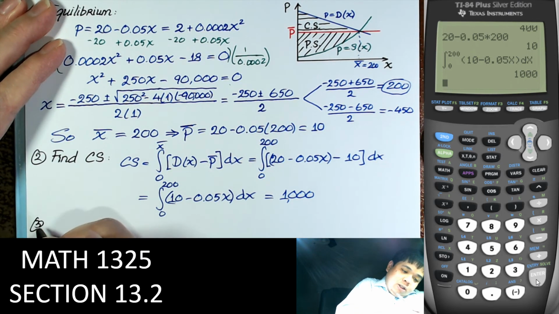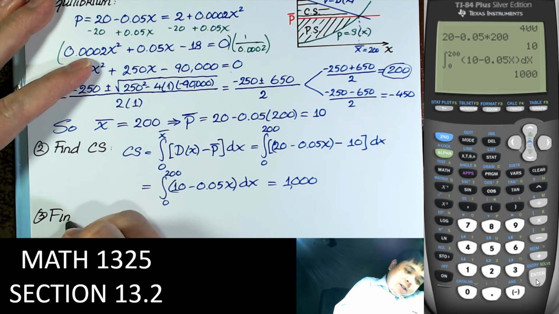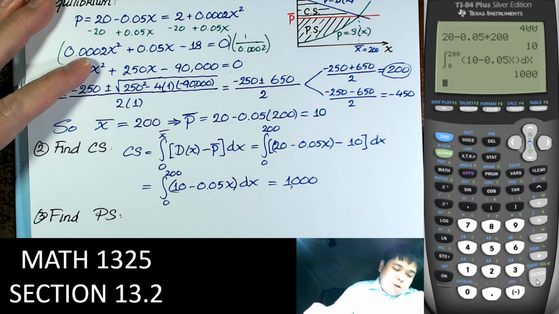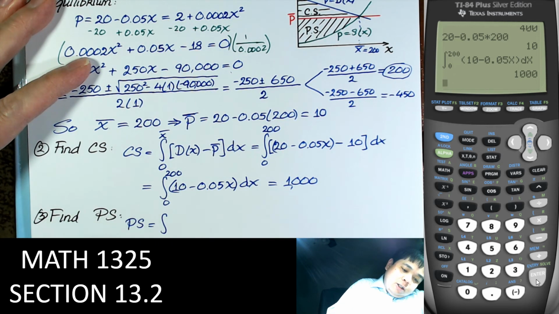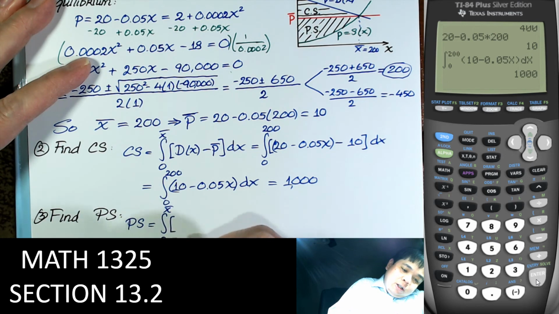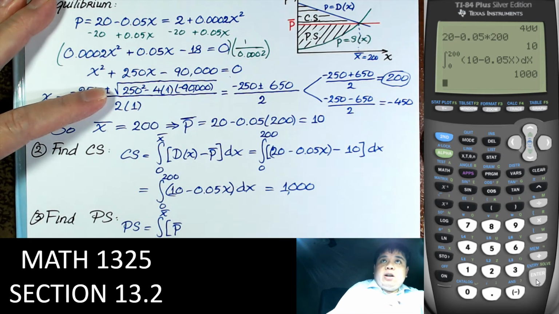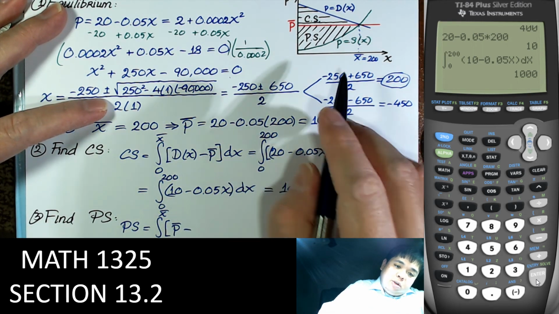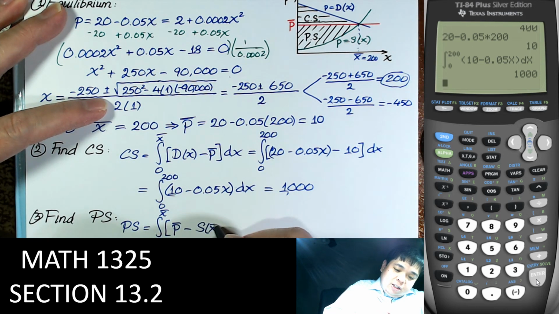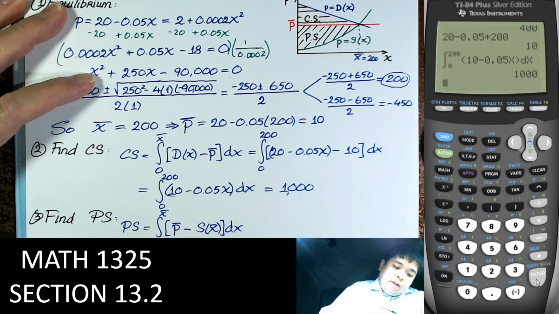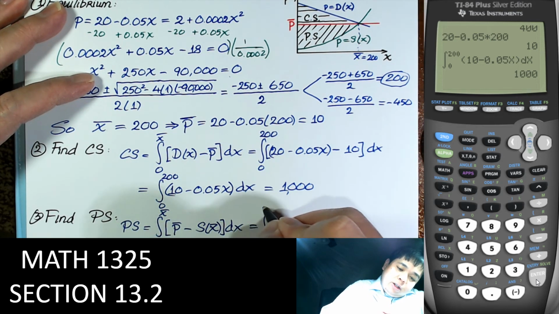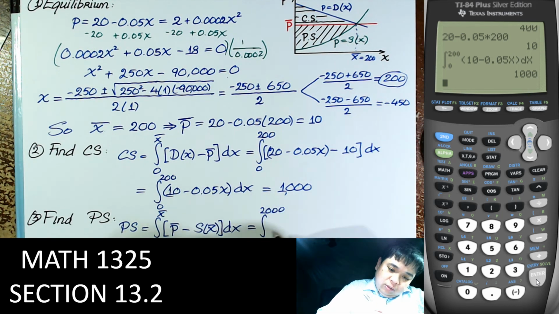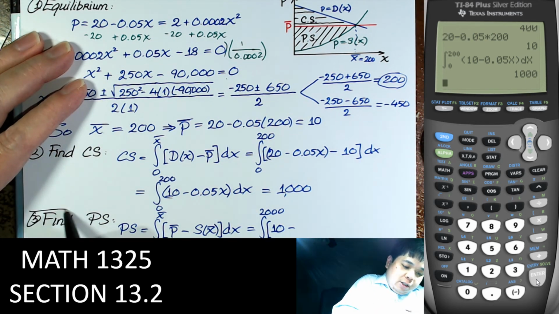And now find the producer surplus. From 0 to x bar, the price is above the supply, the price supply, so the price minus S of x dx. X bar is 200 and the price is 10.